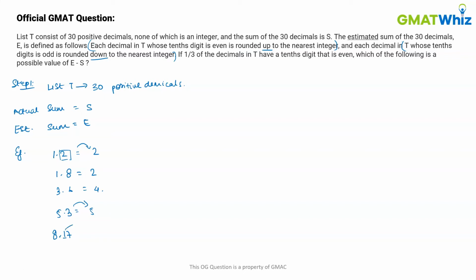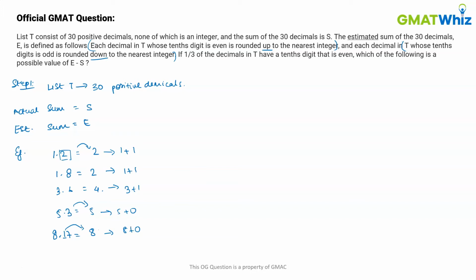That means we will write this as 8. Now, as you may have noticed, for even digits what is basically happening is that we take the integer part of the decimal and add 1, so that we get the actual value of how the sum is being estimated. And in case of odd, we are actually adding just 0 so that the number remains the same.